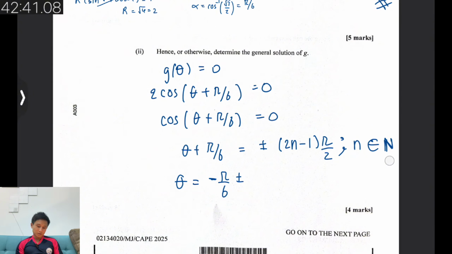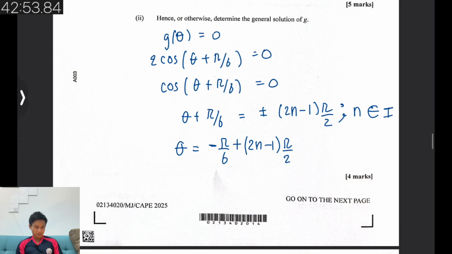You know what? I'm just going to change this to an integer instead. And then we can do a plus, right? 2n minus 1 pi over 2. And if we simplify that, n can be anything now. It can be 0, it can be 1, it can be 2, but it just has to be an integer.